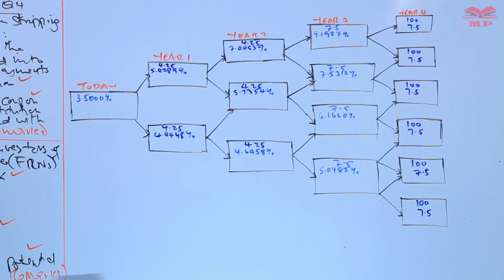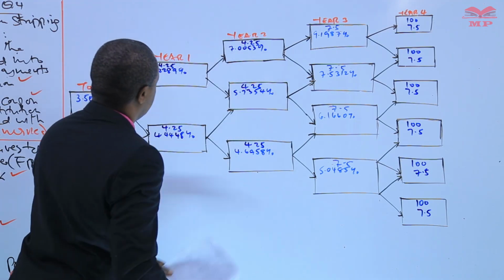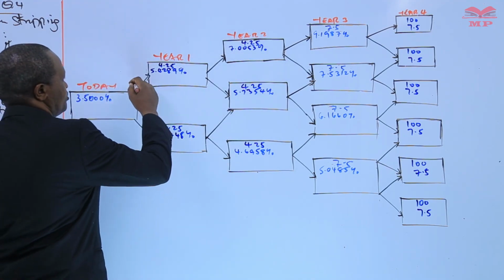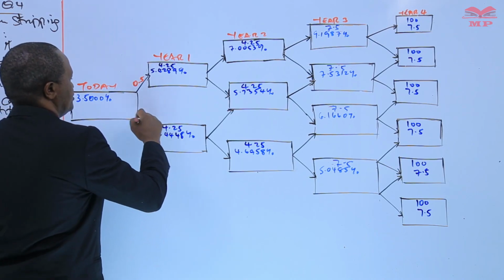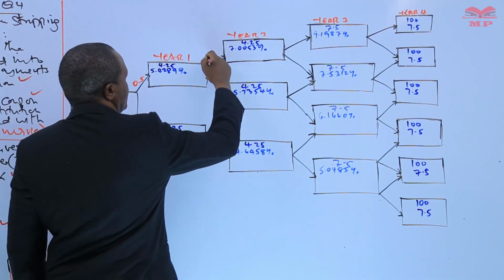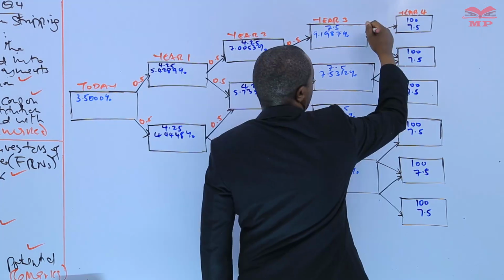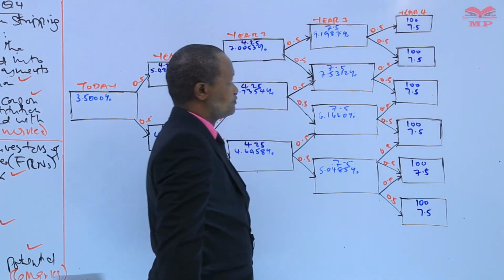And the probabilities are usually assumed to be equal. The probabilities here are assumed to be equal, that is 50-50, a probability of 0.5, 0.5.